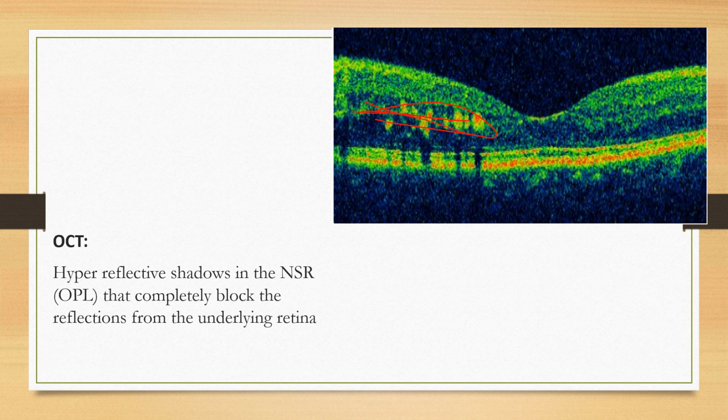Here, what I want you to do is, we have a video describing the layers of retina. I want you to memorize the layers of retina before proceeding further with this presentation, because whatever changes I describe, I want you to correlate with the retinal layers. Only then will you understand what exactly is happening here.